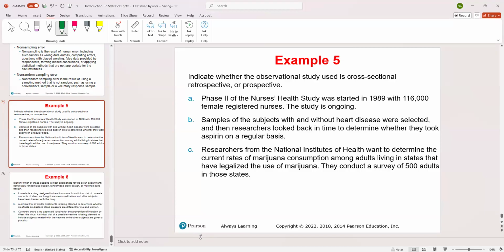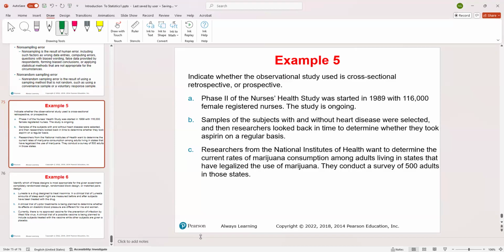Retrospective is a past period, cross-sectional is data at one point, and prospective is forward in time, in the future. We defined those already. Now, let's review these exercises.